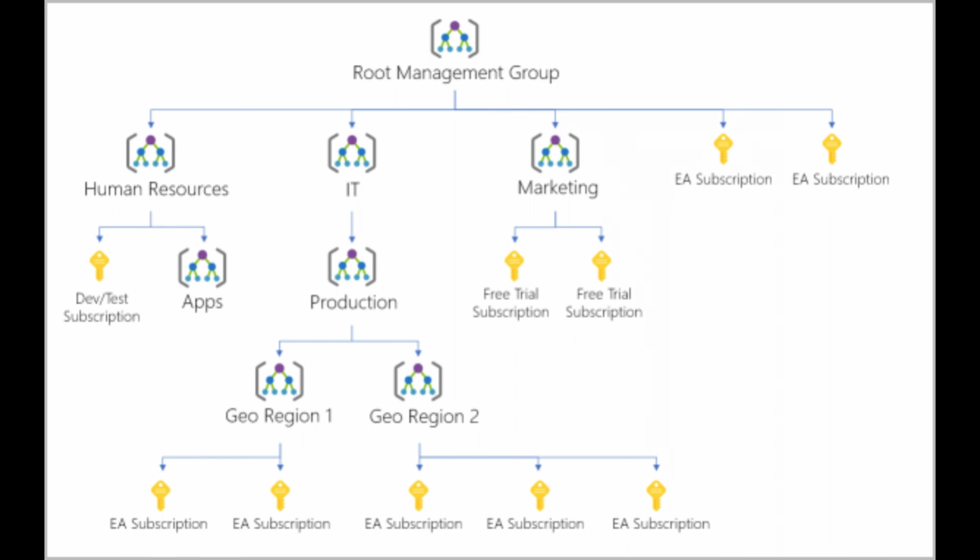Under the subscription you have some resource groups, and any resource must be part of a resource group. A resource within one resource group cannot be part of another resource group, and any permission applied to a resource group will automatically be applied to all the resources in that group.